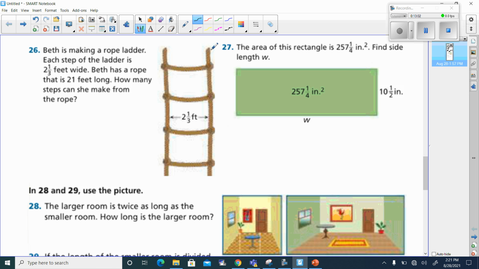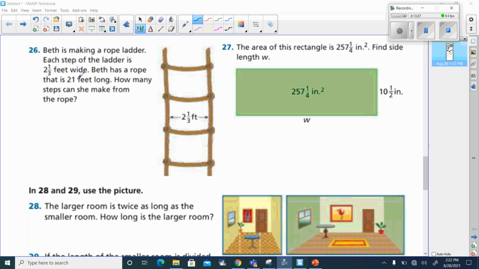How many steps can she make from that rope? Okay, so the question is, will I take 2 1/3 and divide it by 21, or take 21 and divide it by 2 1/3? What do you guys think?